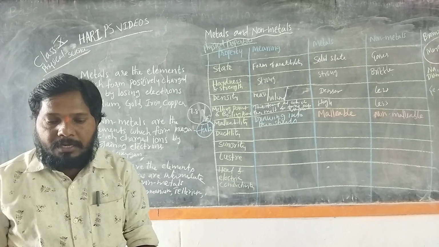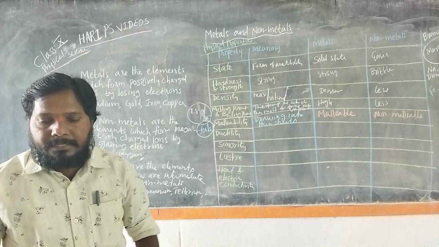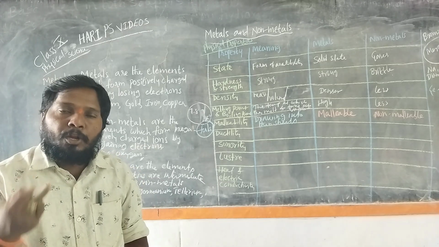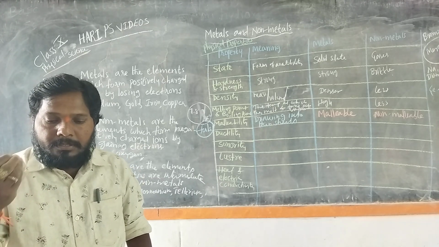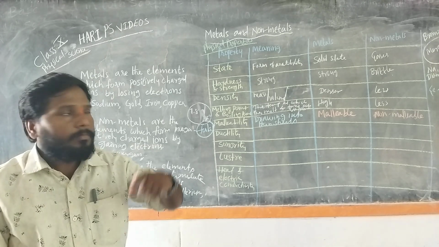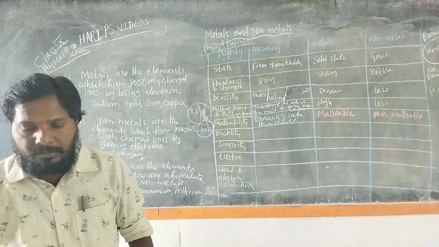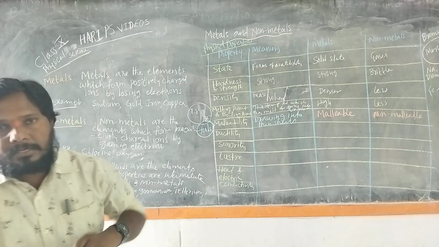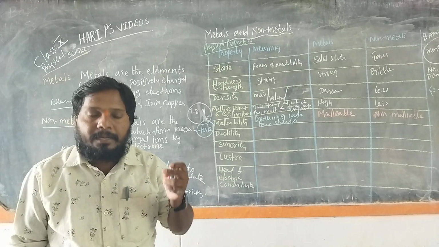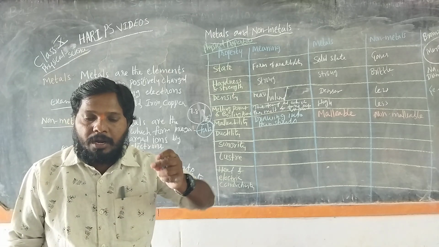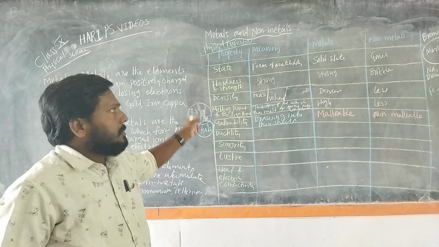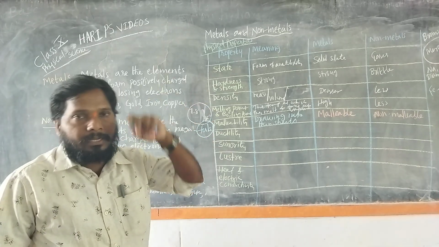Gold and silver are some of the best malleable metals. Similarly, aluminium, copper and silver can be hammered into sheets. Aluminum foils are used for packing food items like biscuits, chocolates, medicines, cigarettes, etc. These are all uses of metals and non-metals, which we will discuss later.